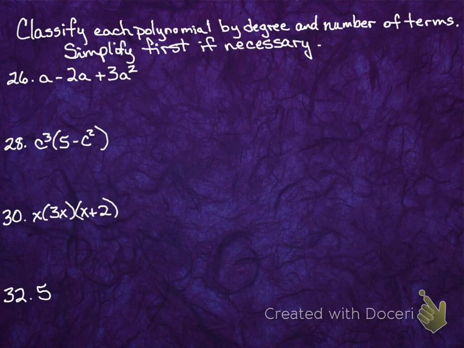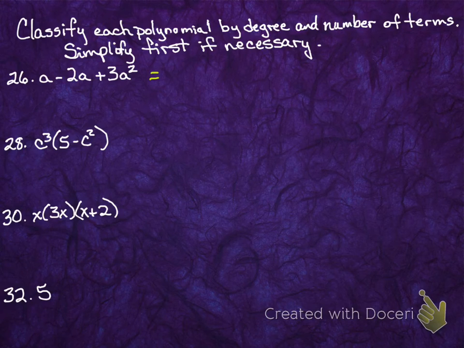Okay, last section. It says classify each polynomial by degree and number of terms. Simplify first if necessary. So number 26, let's simplify that.